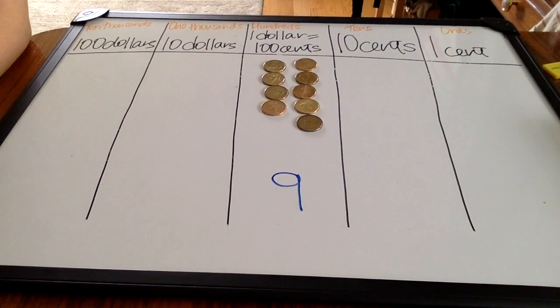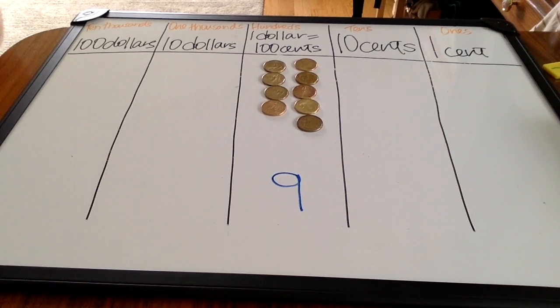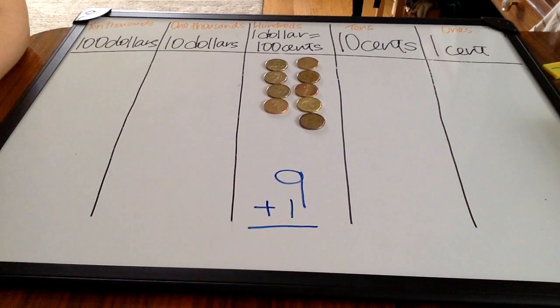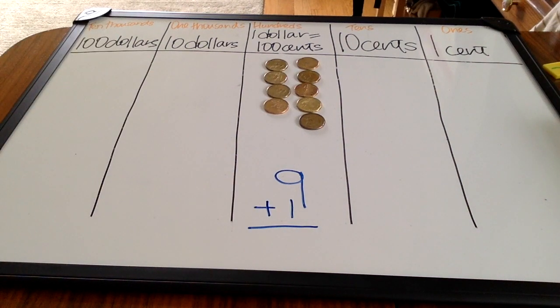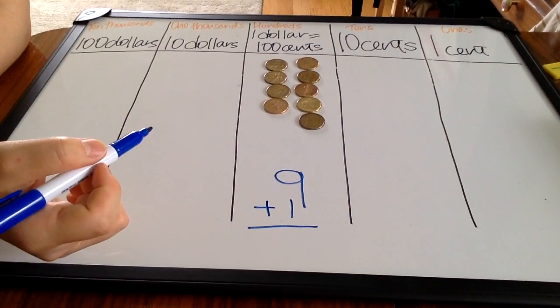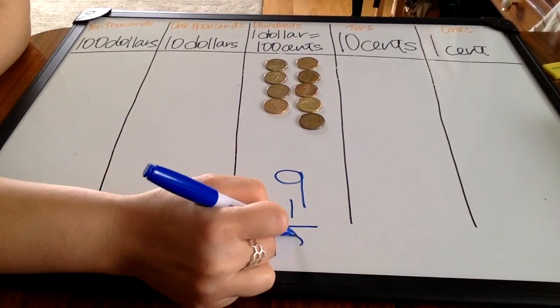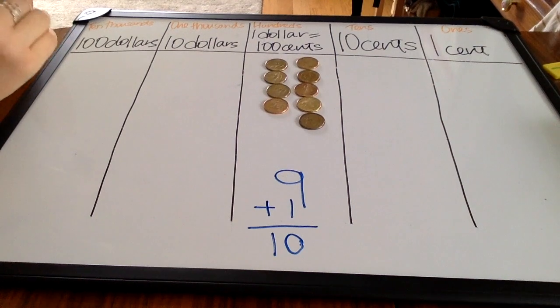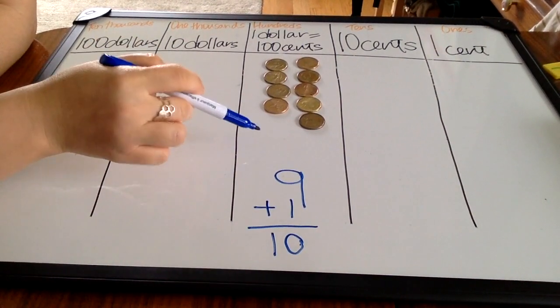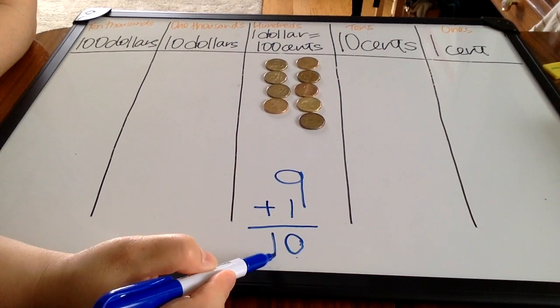So when I add one more dollar, now I have 10, right? You all know this because this is grade 1 level. This is $10 and I cannot fit it. I have to use 2 digits.